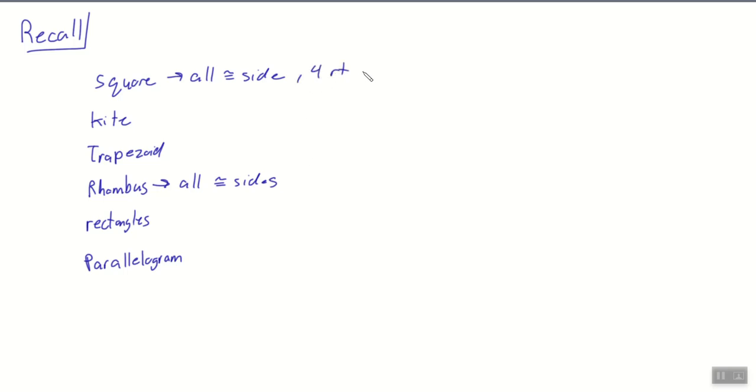4 right angles. And what about the angles in a rhombus? What do we know about them? So now opposite angles are congruent. Yep.